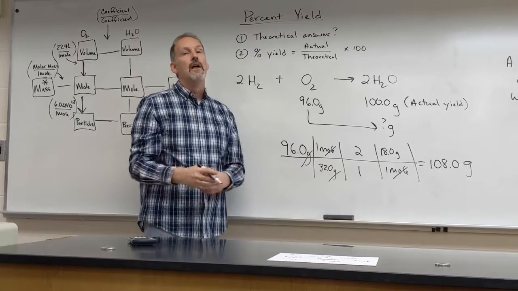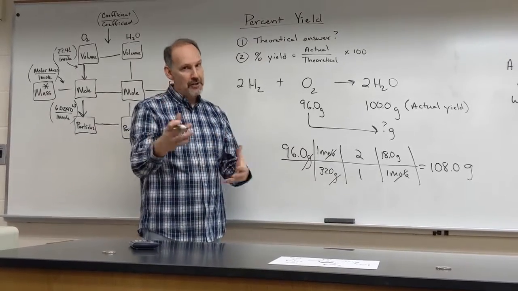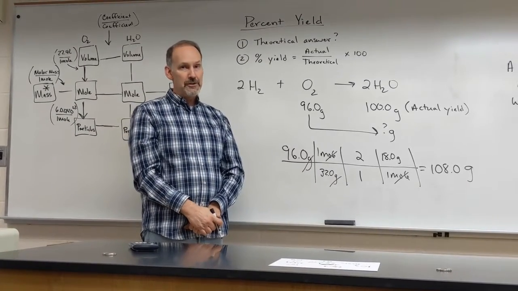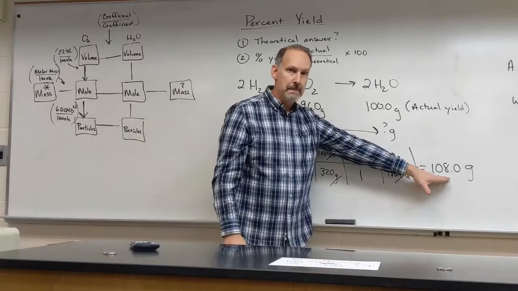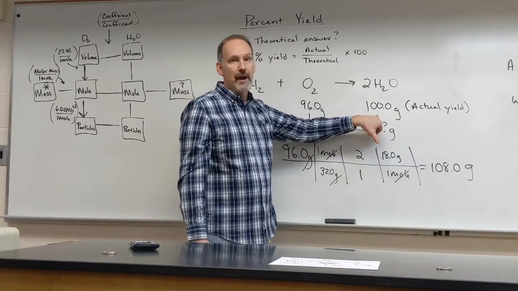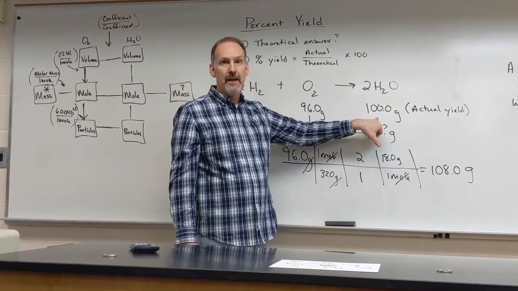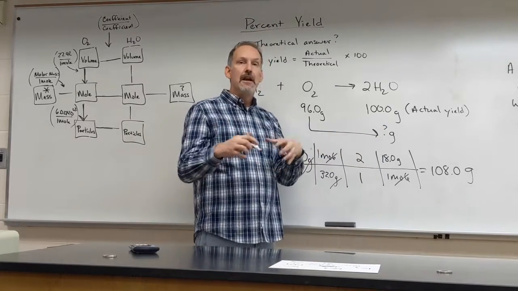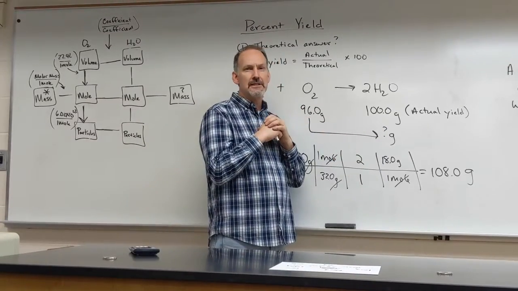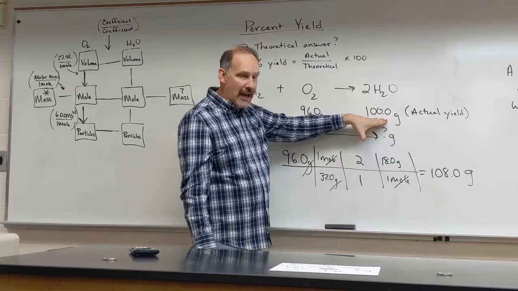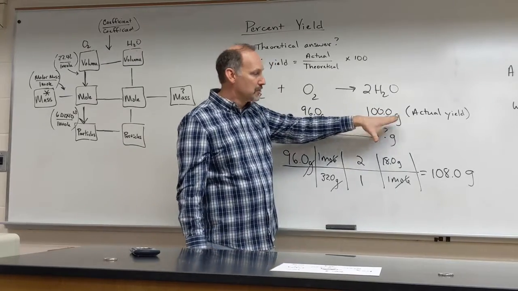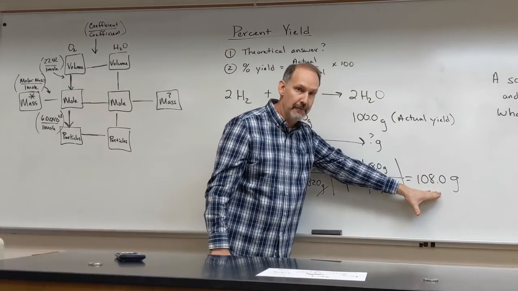But we know that when we've done experiments, and you've done it too, it's not easy to get perfect results. So in this experiment, somehow 8 grams were lost. Okay? They could have escaped from the container, maybe the transfer from container to container. So this was their actual yield that they got. This was the theoretical amount they could have got.